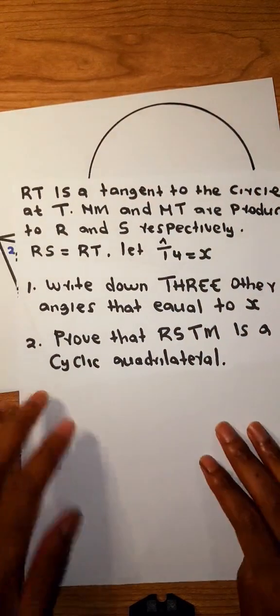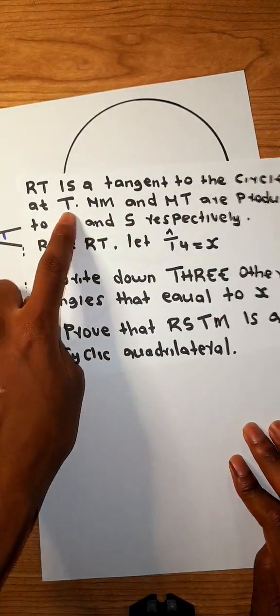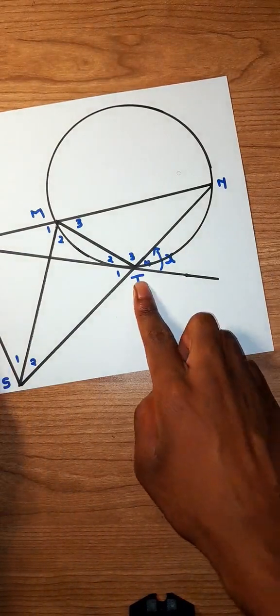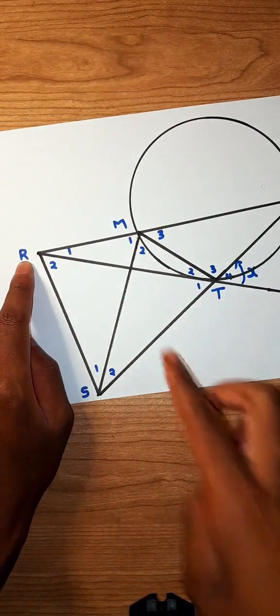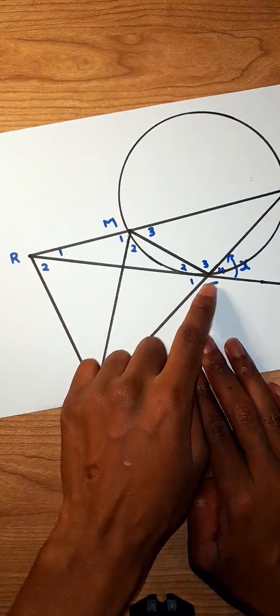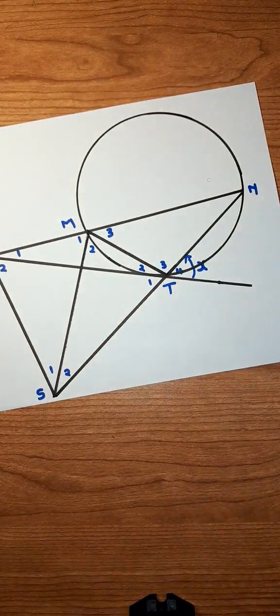The statement says RT is a tangent to the circle at T, right? So now we learn that RT is a tangent of the circle at point T. And if RT is a tangent, what do we know about tangents? We know about a law called the tan-chord theorem, right?